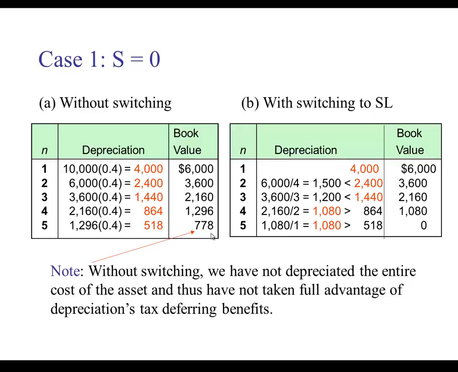So we have 778. While switching to the straight line will take whole advantage of the tax deferring benefits, and then you can claim that as tax, and at the end the book value will be 0. So instead of having to pay tax at year 5 on 778, you will not be paying any taxes, because you can claim this item as 0 value and should not pay taxes on that.